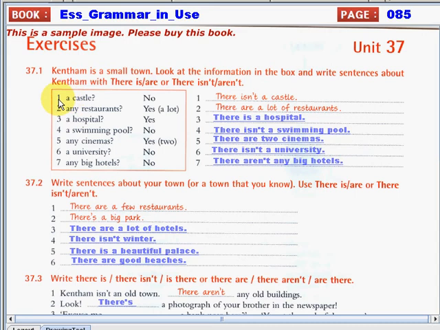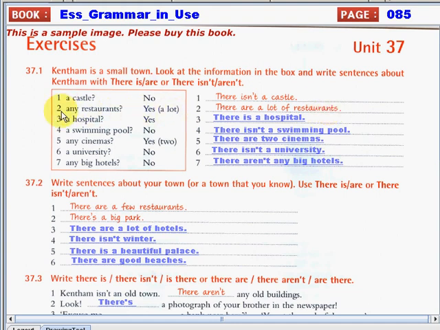Let's look at the first one. First information is a castle? No. The sentence is there isn't a castle. Isn't is for a negative or no. Next one is any restaurants? Yes, a lot. The sentence is there are a lot of restaurants.